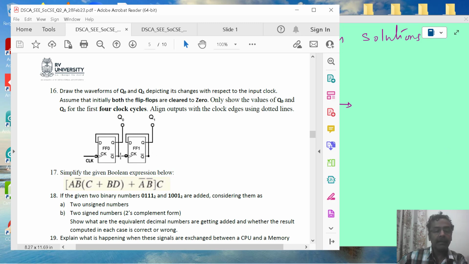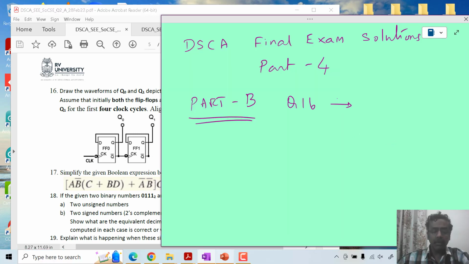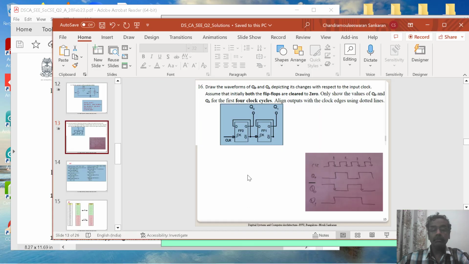And remember one more thing: here Q bar of the first flip-flop is going into the clock of the second flip-flop, flip-flop 1. So any transition happening in Q bar of the first flip-flop will be the clock for it. There is no separate clock. We are giving Q bar itself as a clock. So a circuit can be anything.